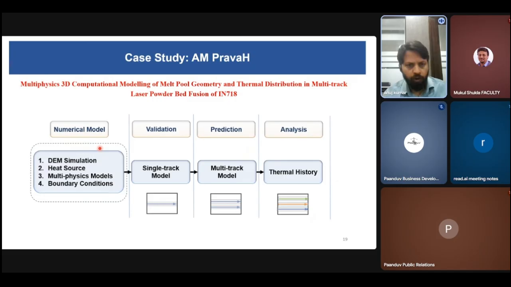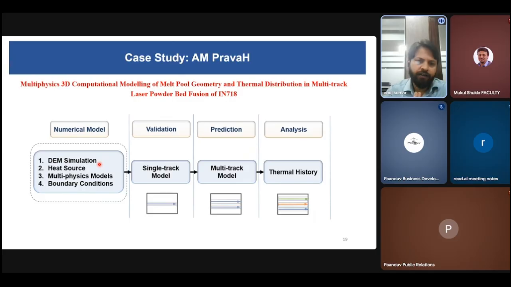The numerical model consists of, first, the DEM simulation. This is the discrete element method, which is used to simulate the powder bed. As in LPBF we are starting with the powder bed, the first step should be simulating the powder bed. In earlier simulation studies, when they were not able to simulate the actual powder bed, they would start with a solid plate and try to analyze what the difference is in the actual scenario.